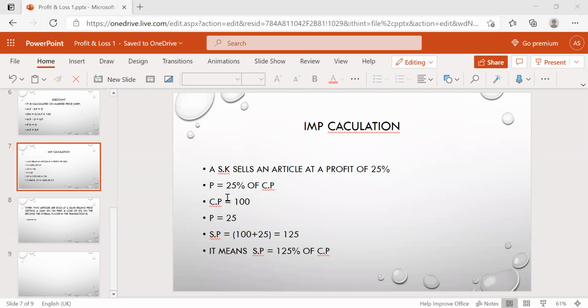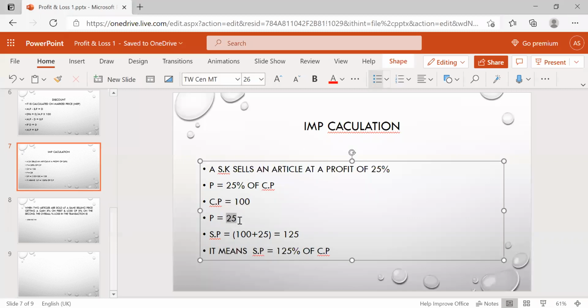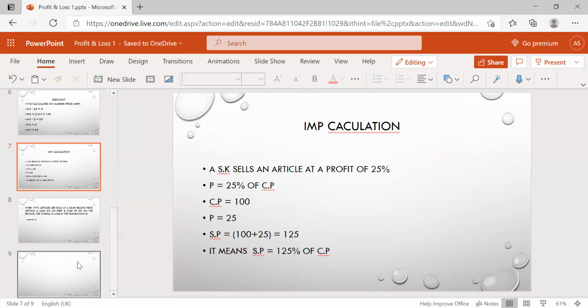If you assume cost price is 100, then profit is 25. Selling price is cost price plus profit, 100 plus 25, which is 125. Simply, selling price is 125% of cost price. Is it clear? So this is the profit case.